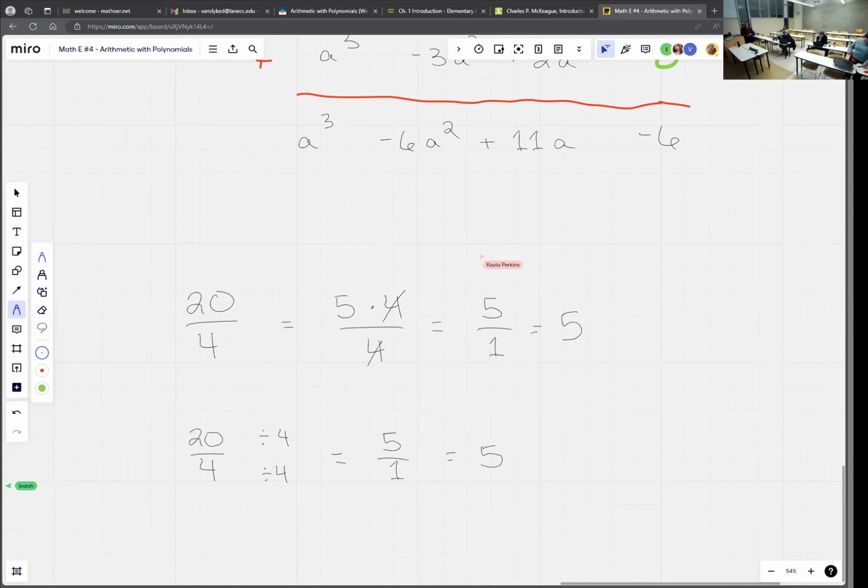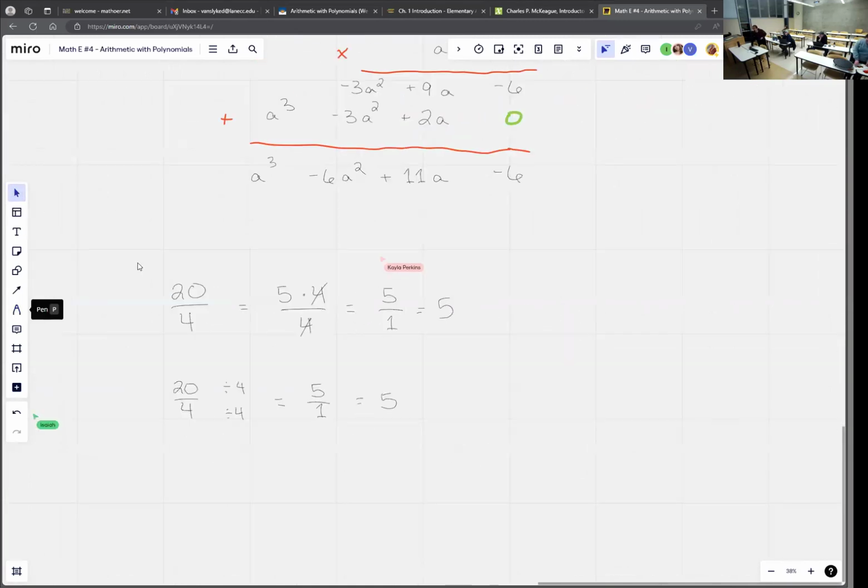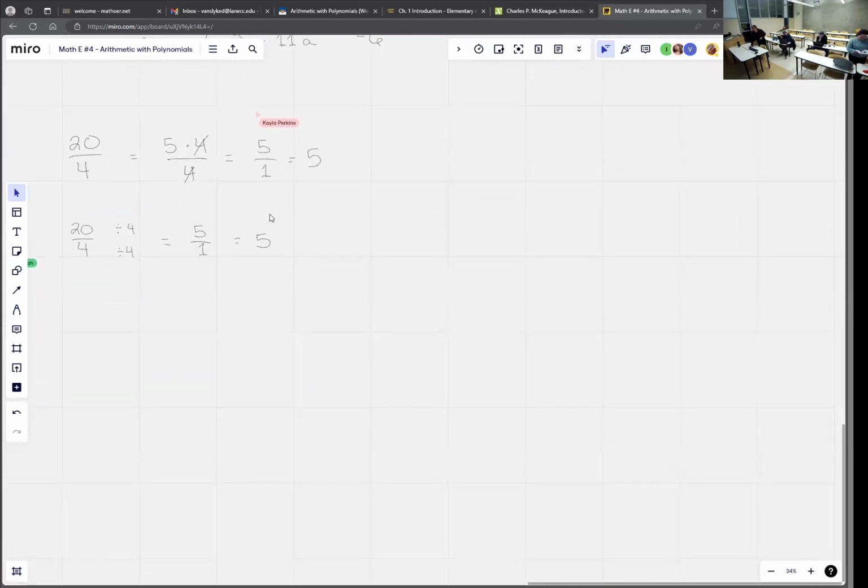So if I had 20X over X, what would I do? The X's would cancel out, same as those 4's, because this is a times in there, right? And I would get 20/1, which is 20.